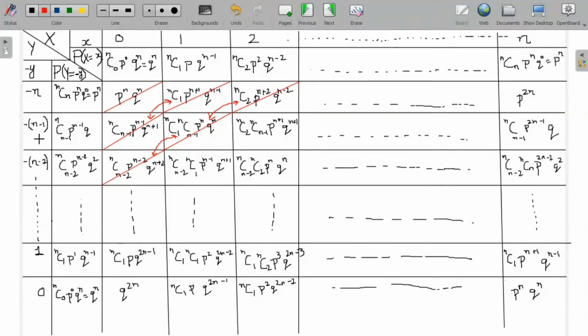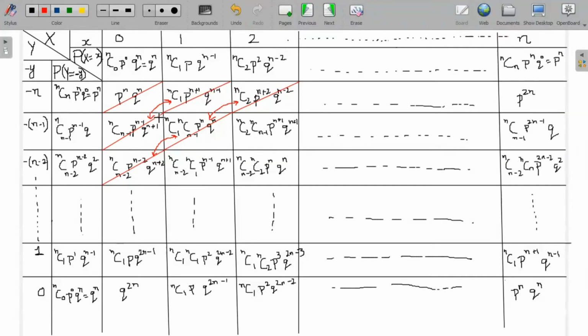If you add these two values, minus n plus 1 plus 0, it will be minus n plus 1. So for these two values, Z will be minus n plus 1, and we add these two probabilities to calculate for Z equal to minus n plus 1.